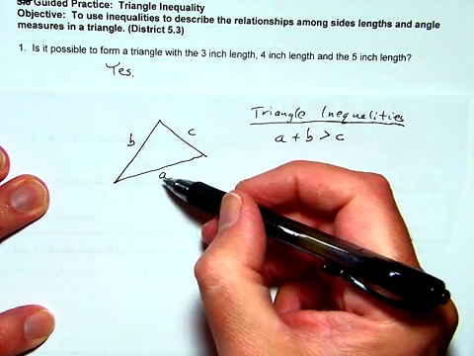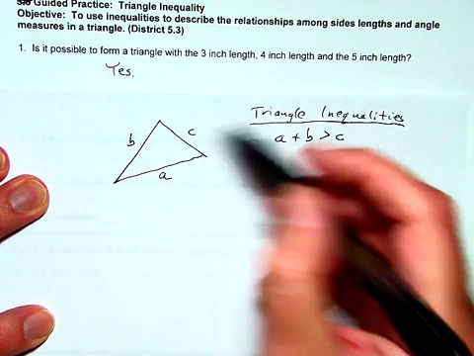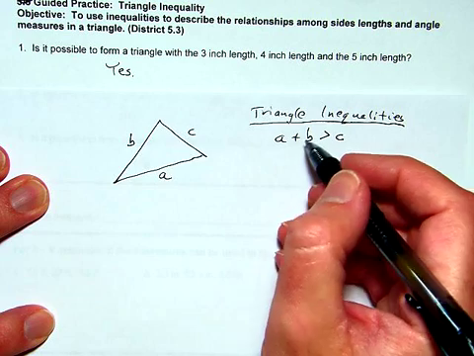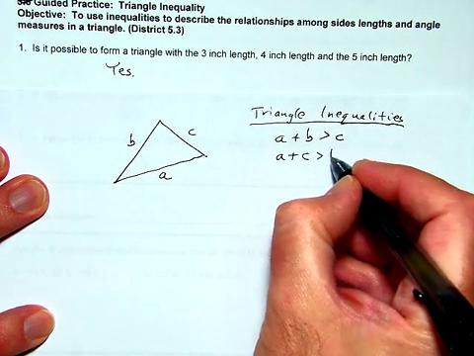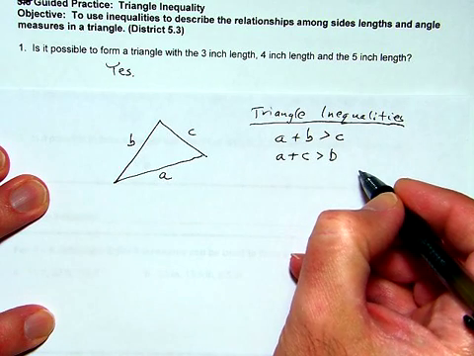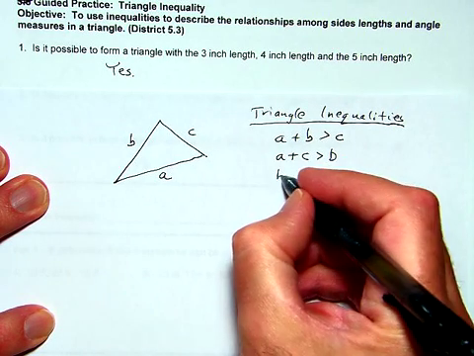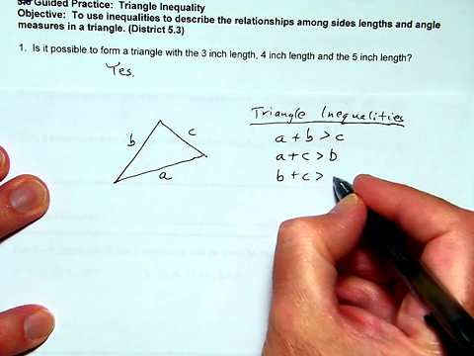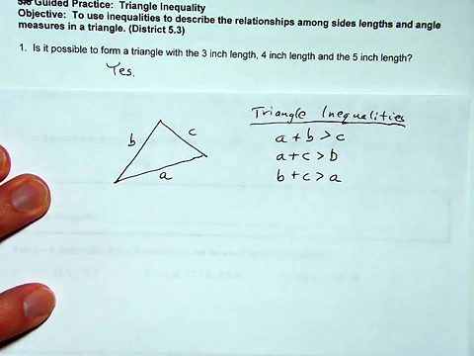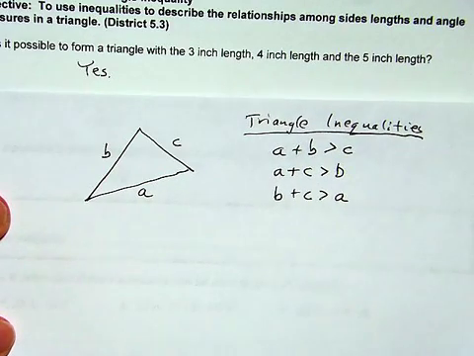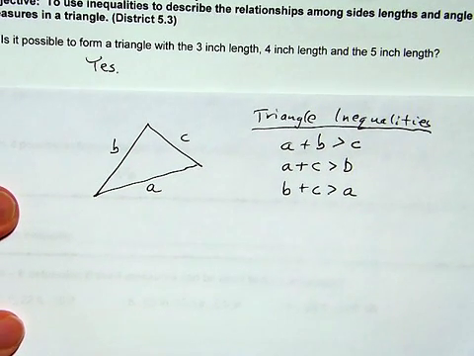So in this triangle, A plus B must be greater than C. Let's take two other sides, A and C. A plus C also must be greater than B. And finally, if we take B and C as sides, B plus C must be greater than A.